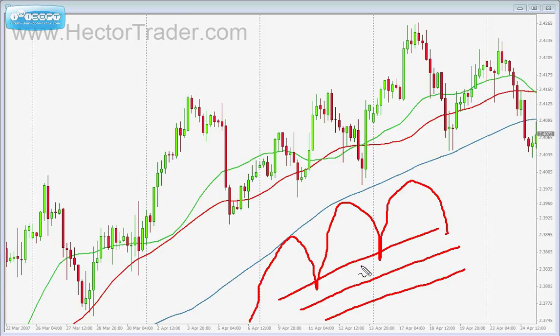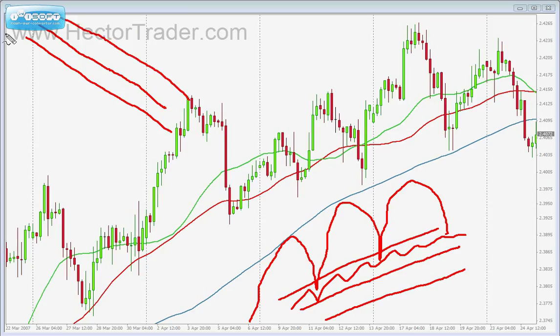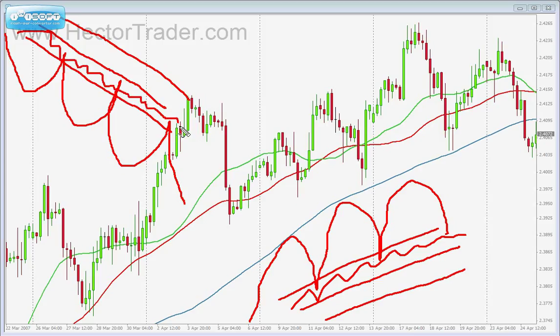Since this is an uptrend, the area between the 30 and the 50 is the area of dynamic support. In a downtrend, with this being the 30, this the 50, and this the 100 simple moving average, I like all the retracements to be held by the dynamic area of resistance, meaning the area between the 30 and the 50 simple moving average.